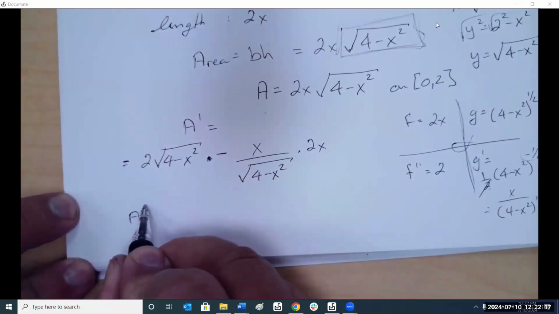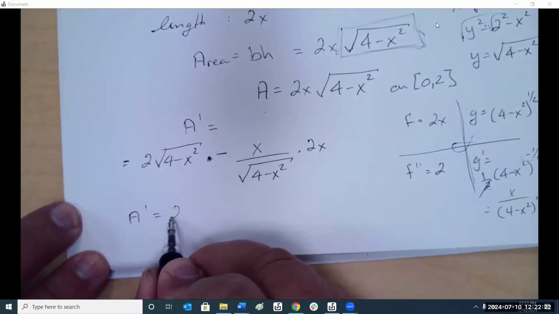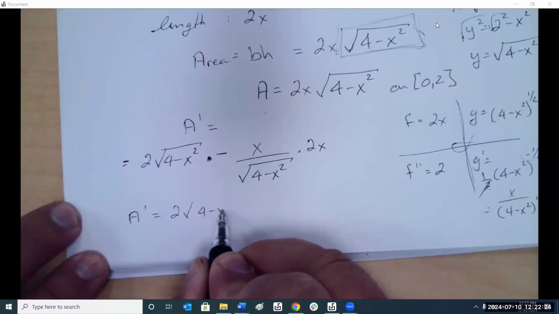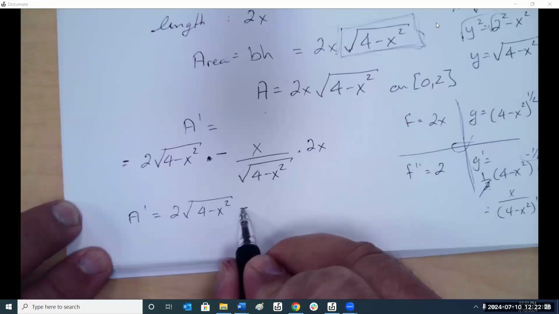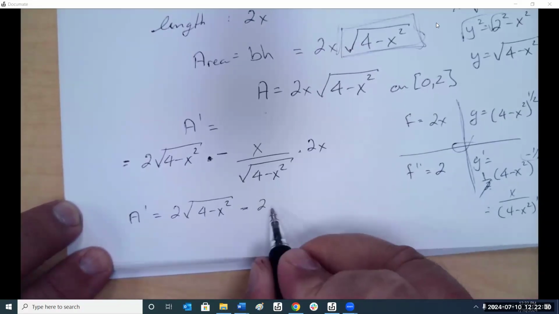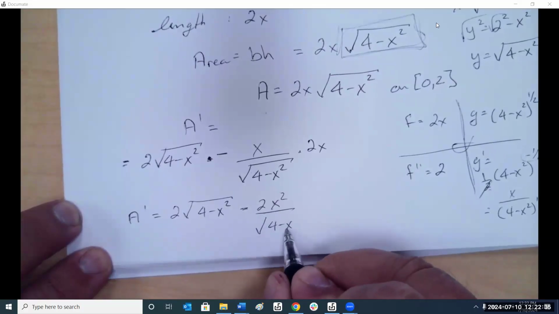So the derivative equals 2 radical 4 minus x squared minus 2x squared over 4 minus x squared.